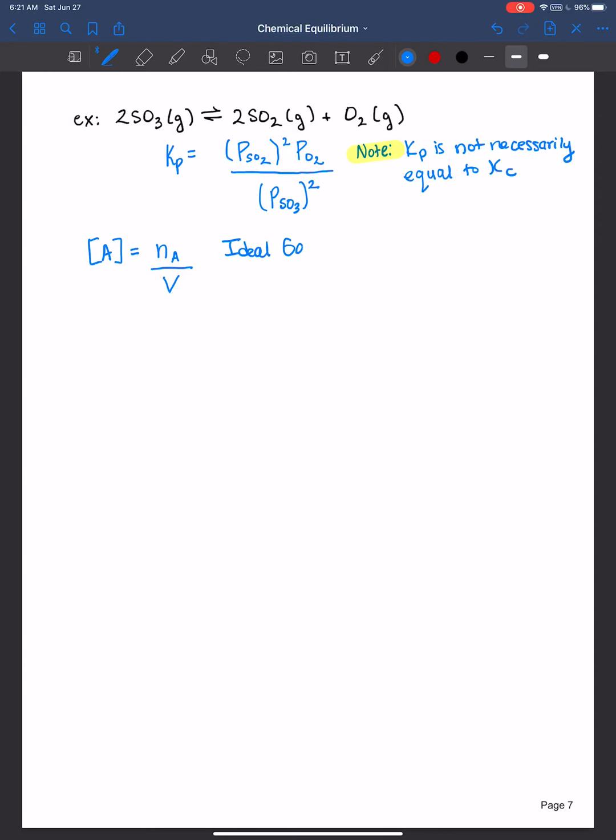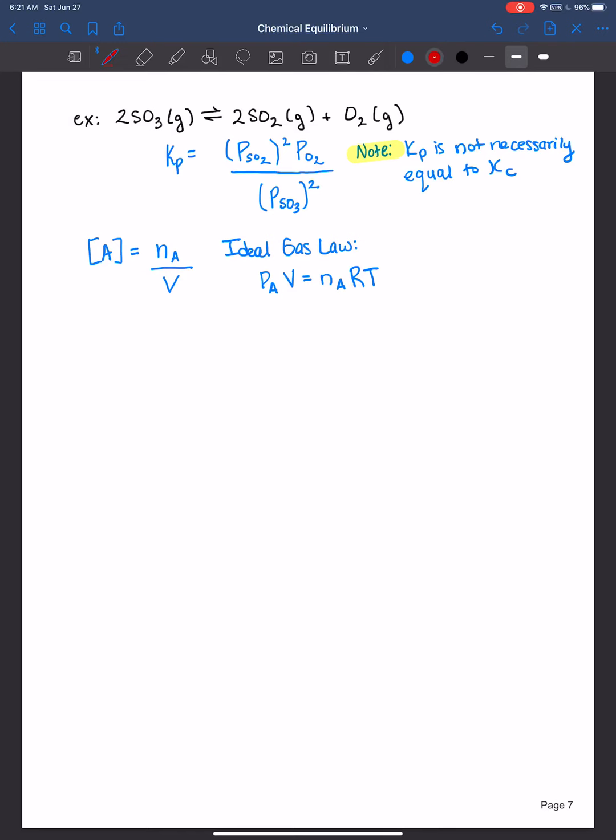And what was the ideal gas law? PV equals nRT. I'm going to write that in terms of A. So pressure of A times V equals the moles of A times RT.